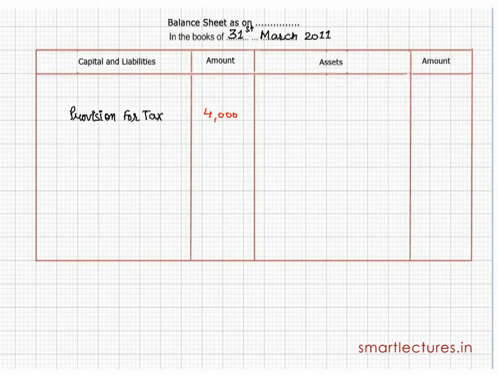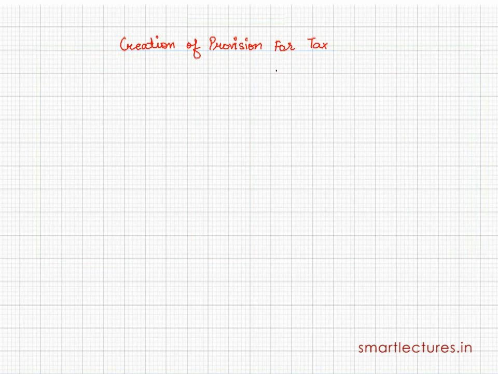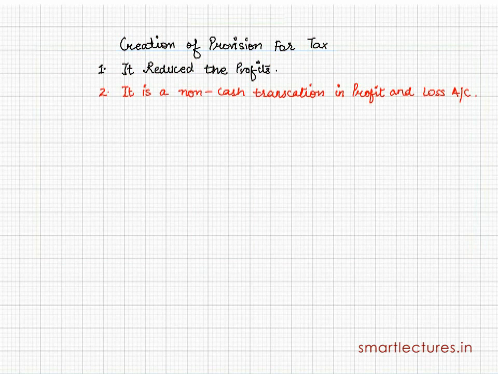One thing is clear from this example: creation of provision for tax reduces the profit. Secondly, it is a non-cash transaction in the profit and loss account, because this is the estimated liability for the future, but you have not paid any amount yet. It is shown on the debit side of the profit and loss account.